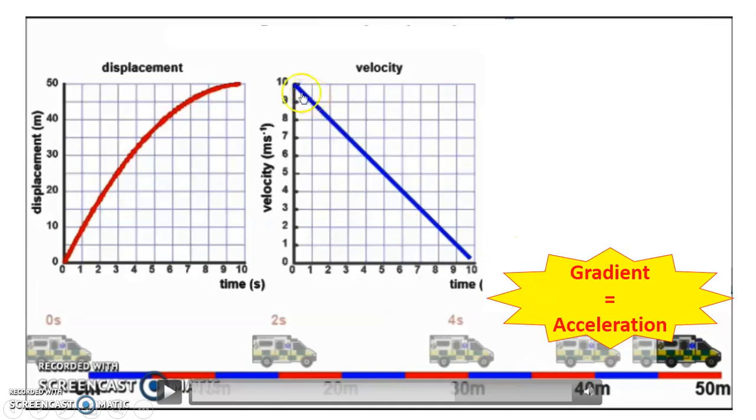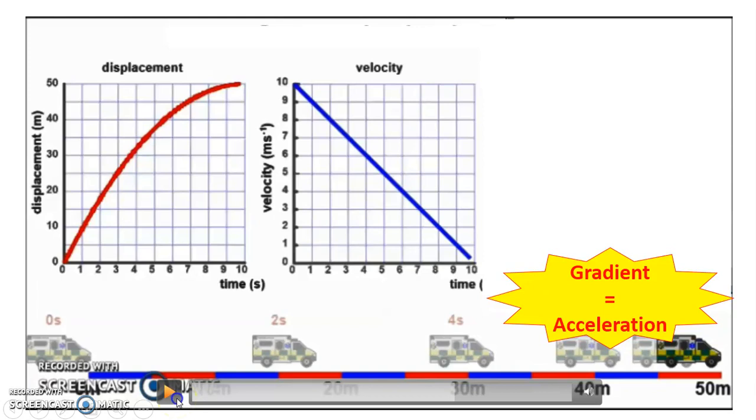So what does this show? Initially it's traveling more distance every 2 seconds and then less distance. What does this mean? This is a negative gradient, which means it is slowing down. The opposite of acceleration would be deceleration.